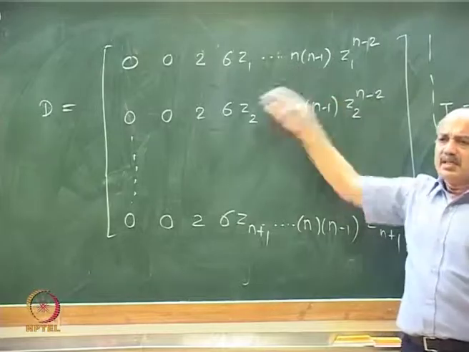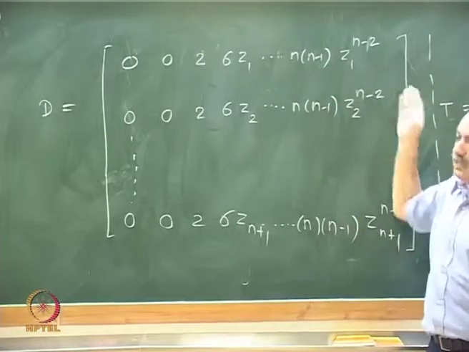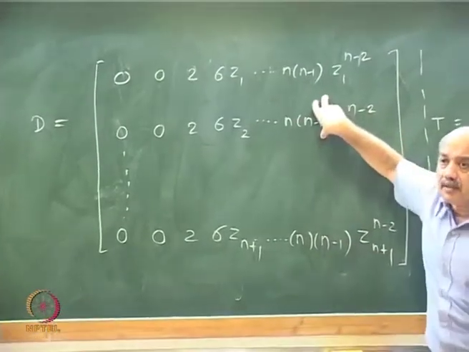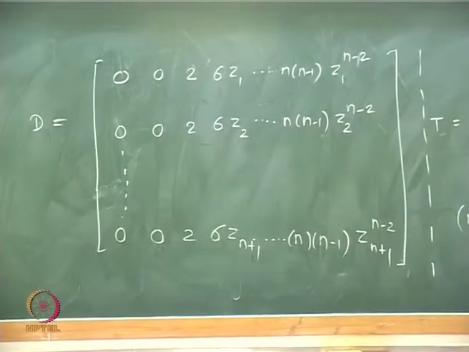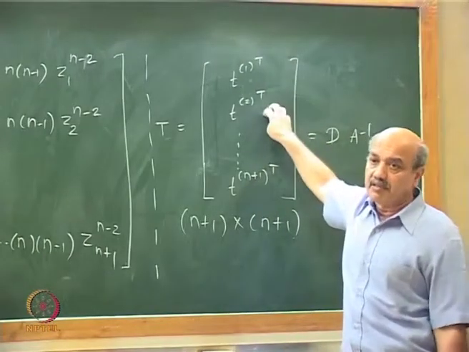These are nothing but the Ti vectors evaluated at different collocation points, and this, post-multiplied by A inverse, is going to give me the T matrix.